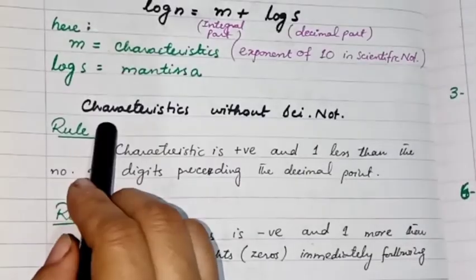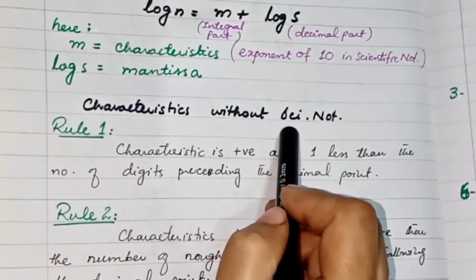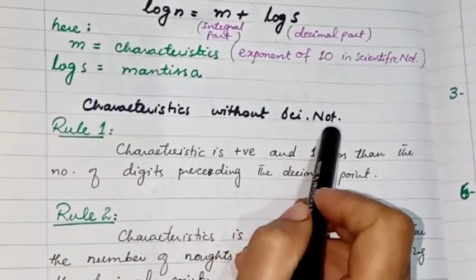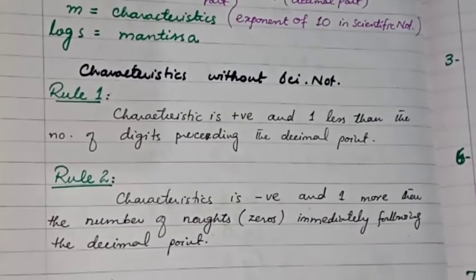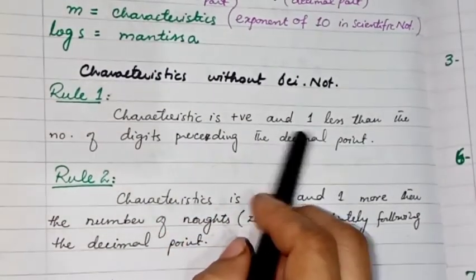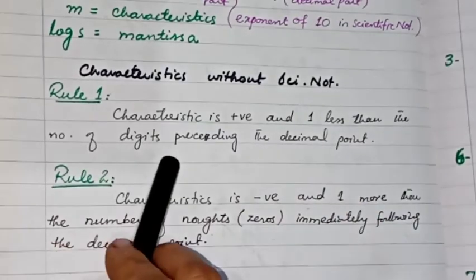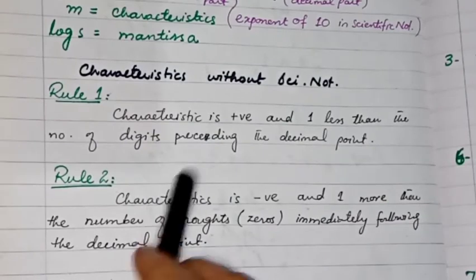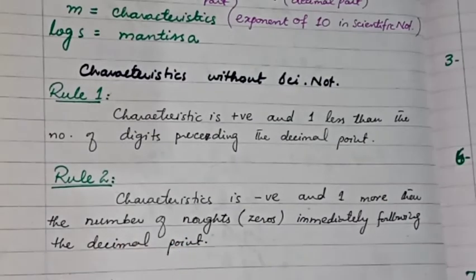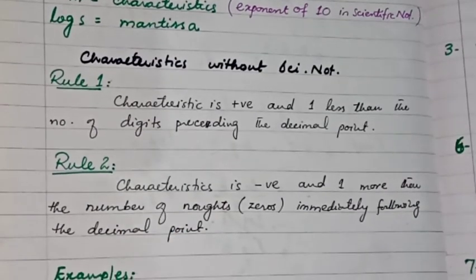For finding characteristic without converting it into scientific notation, we have to apply two rules. The first rule is that characteristic is positive and 1 less than the number of digits preceding the decimal point. We have to apply this rule when the numbers are greater than 1.